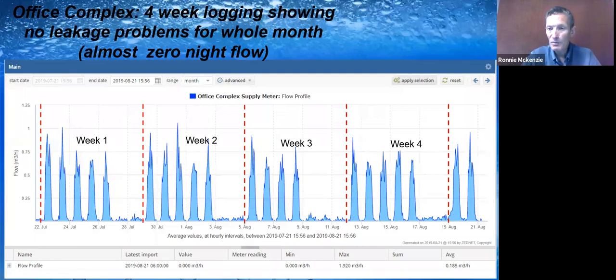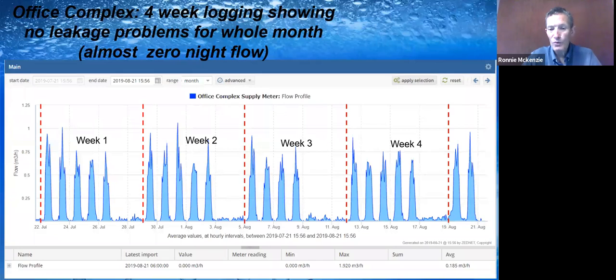This is an office complex, small office complex, 5 offices, each with about 30 people working in the office. And we started continuous monitoring about 3 years ago. When we started it, we were not aware that we had any problems at all at the time. I'll come back onto that.